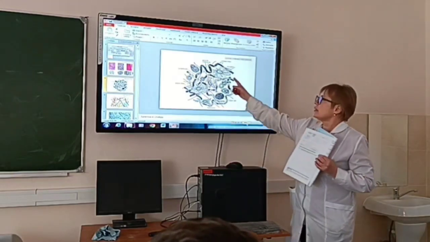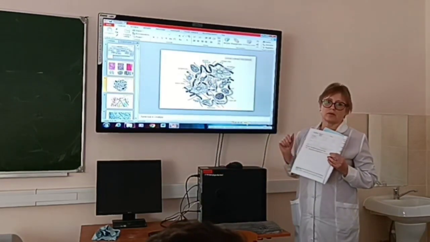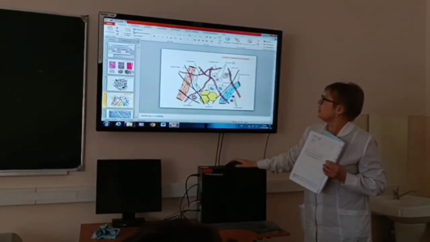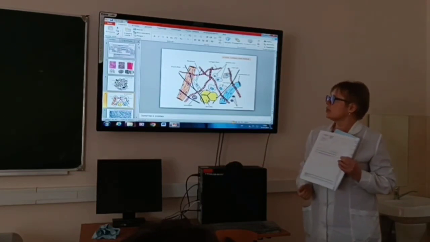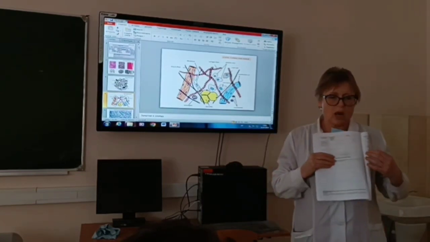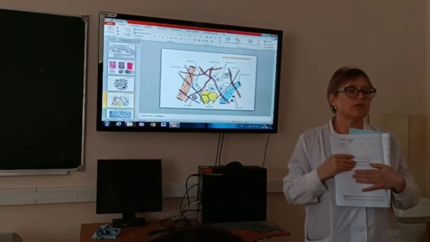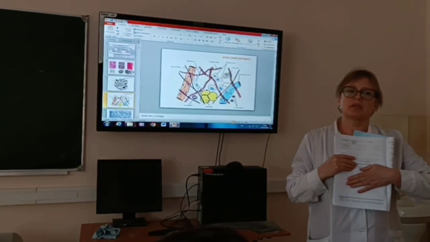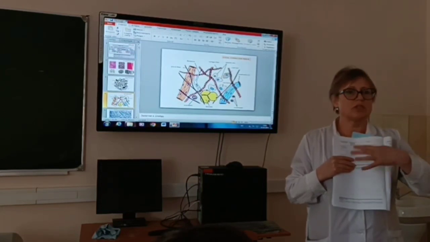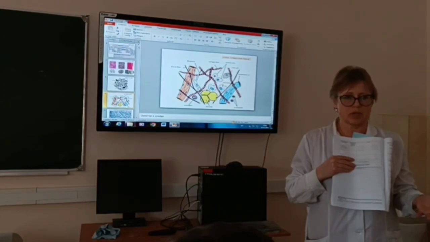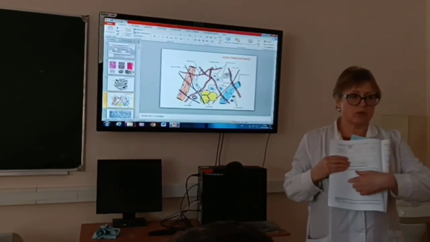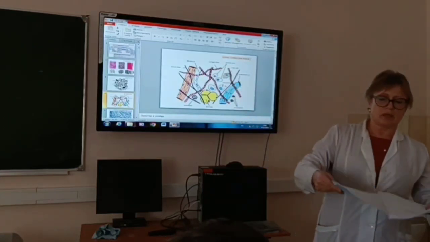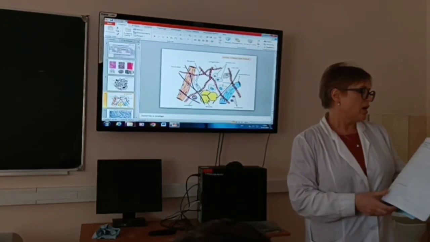For example, from the presentation, you can take this or this color diagram of loose connective tissue, and you should reflect your knowledge about the structure of loose connective tissue. So here must be present resident cells of different types, wandering cells, collagen and elastic fibers, and the space between them will be ground substance.